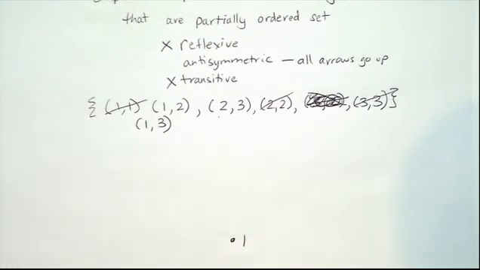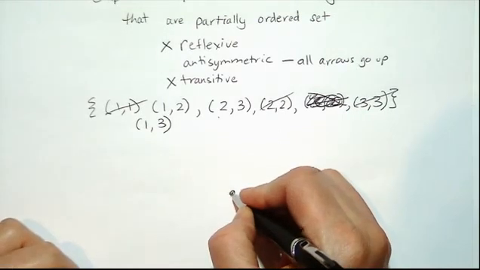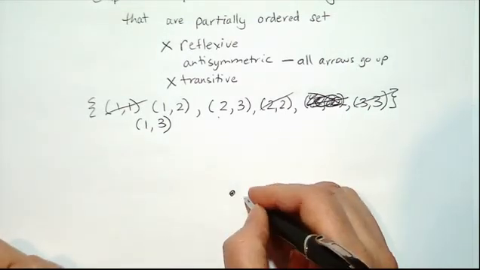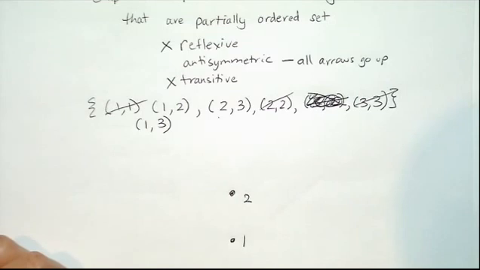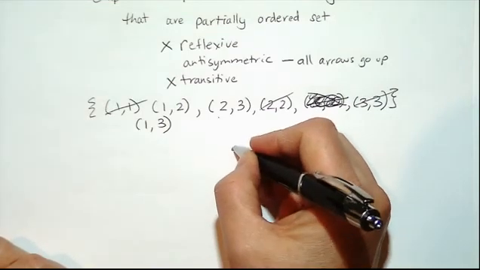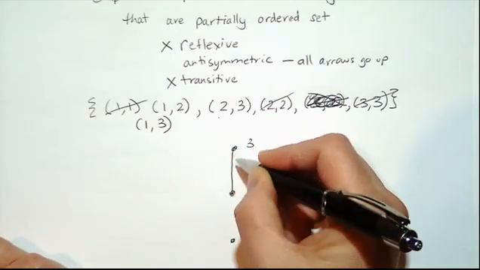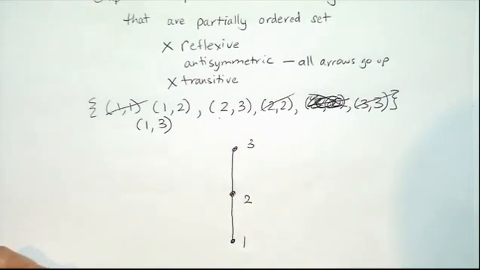And then the next level has to have stuff that only 1 goes to, but nothing else. So 2's there. And 1 goes to 3, but 2 goes to 3. So 3 can't be on the same level as 2 because it has to have an up arrow between 2 and 3. So there we have our edges.